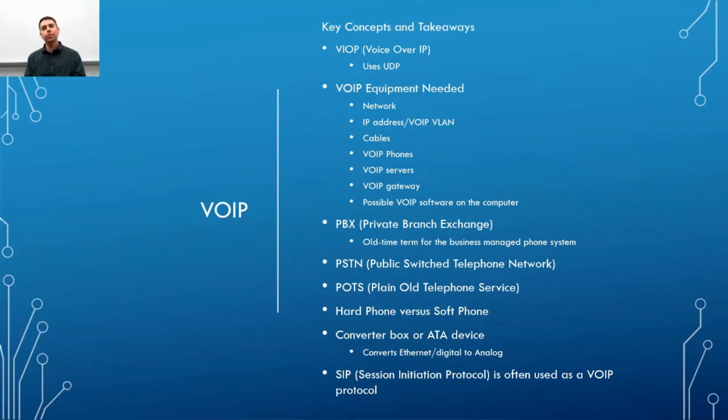So, printers, multifunction printers, MFPs, will still have a fax connection in them, and oftentimes the network admin is called to somehow figure out how to keep the fax line going, even though your company has eliminated the landline. One way to do that is through an adapter, a converter box, also known as an ATA device, that allows the digital Ethernet connection to be plugged in.